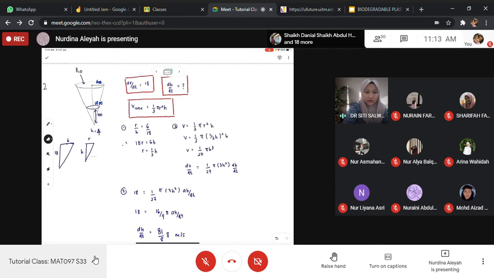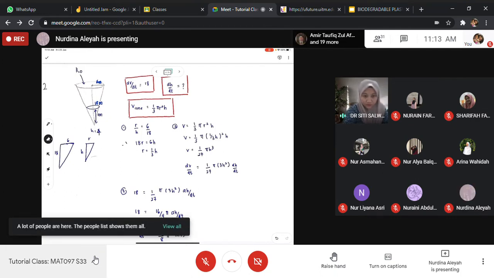So yang ni you equate yang number 3 nantilah you gantikan H kita dengan 4 meter tadi. You ganti tak? Kat mana dia nak? 4 meter right? Okay. Mana you ganti 4 meter tadi kat sini? You punya H tadi kan?